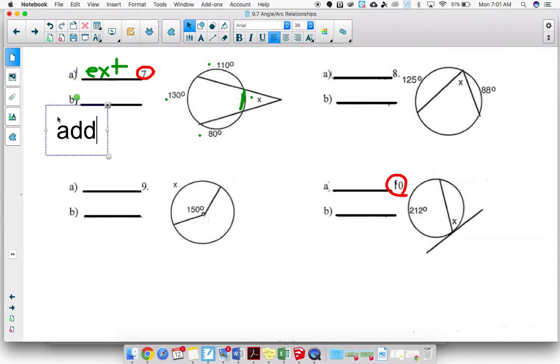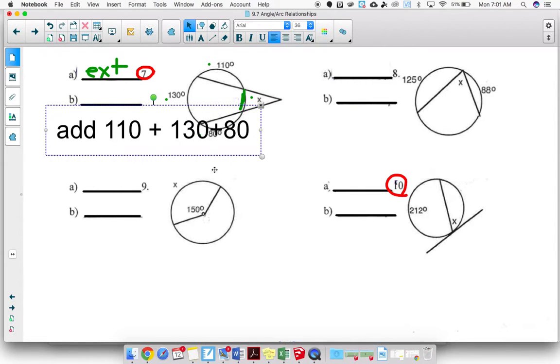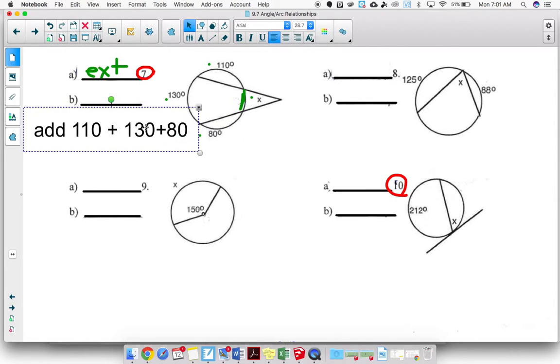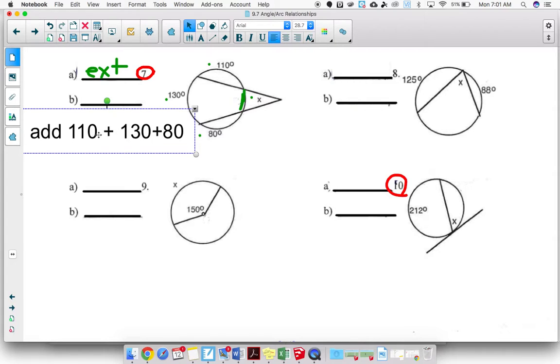So I'm going to add 110 and 130 and 80 and see what I've used. Looks like we've used 320.